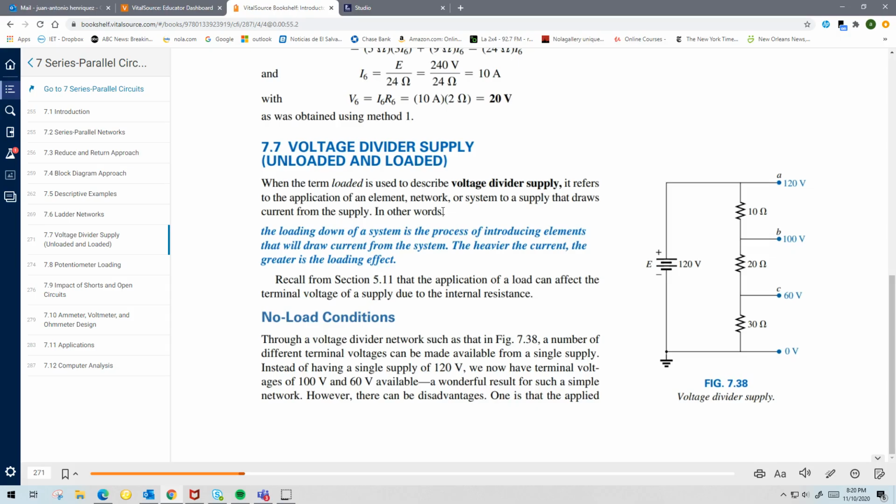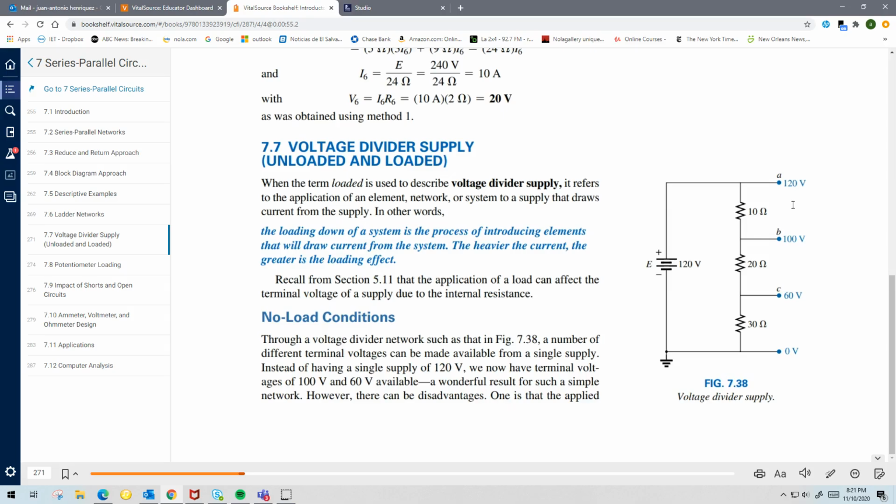Because the power supply display tells you the voltage that is coming out of that source. But the moment we put a resistor, or what's called a load, across that source, the voltage is going to change. And that's why you always have to rely on your meters to give you the correct voltage, not necessarily on the display of the voltage source.